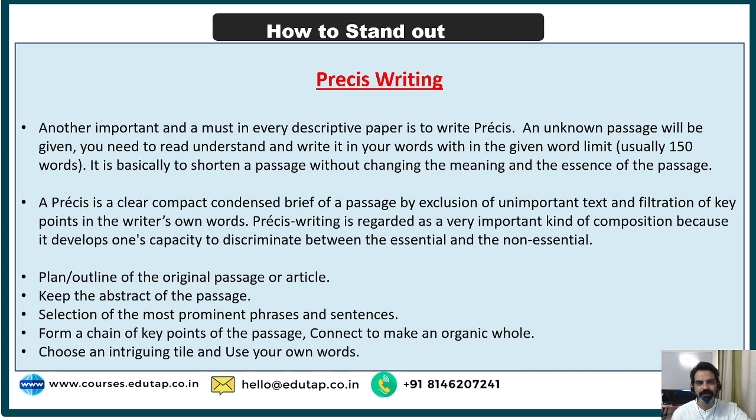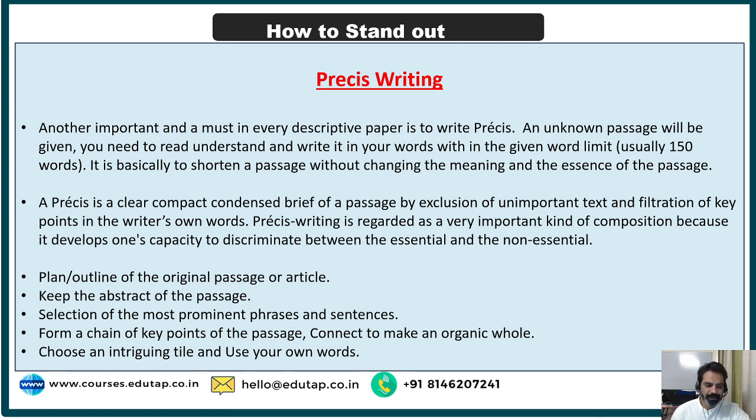So I'm saying the same thing, but not exactly in the words of the author, in my own words. So this is what is required. Keep the abstract of the passage, the core meaning, the point the author is conveying, and eliminate everything else, every specific reference, data, fact, statistic.